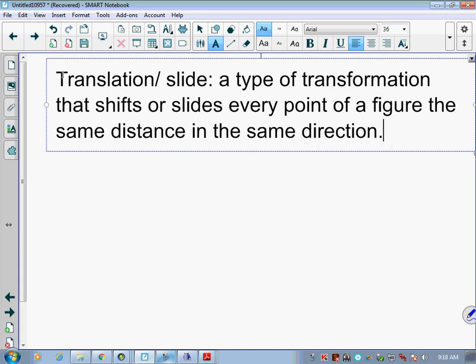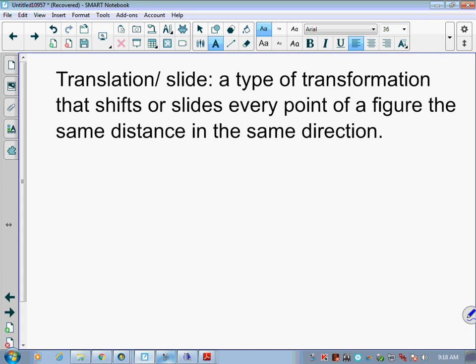Okay. All right, so back to being able to do this directly. Let's say I took a triangle, A, B, C, and I wanted to translate it. I can move it up, down, side to side, diagonally. But what's going to happen is that those are all going to move the same distance.